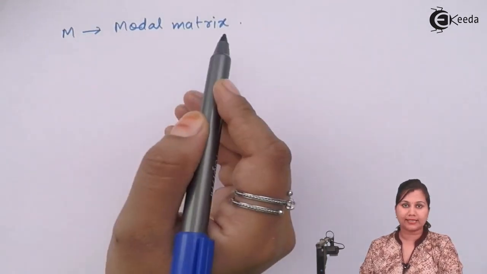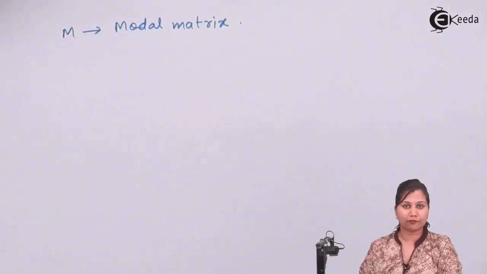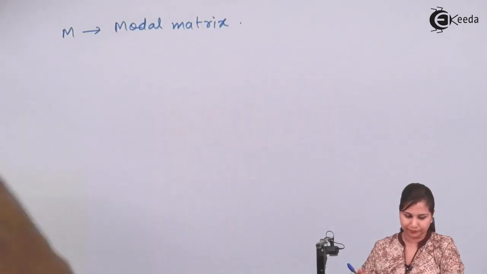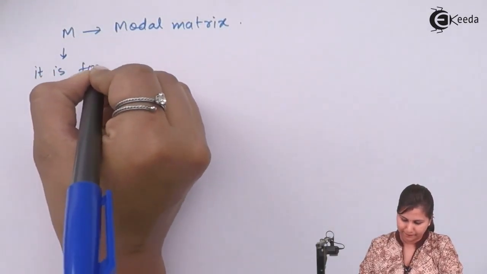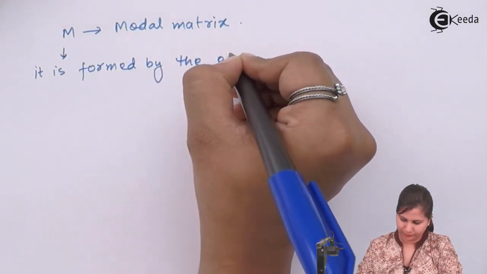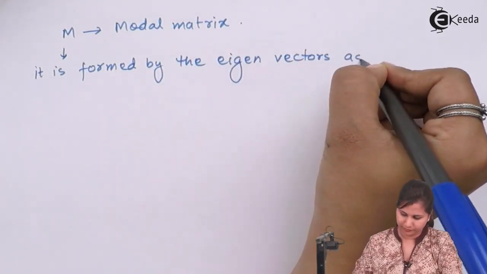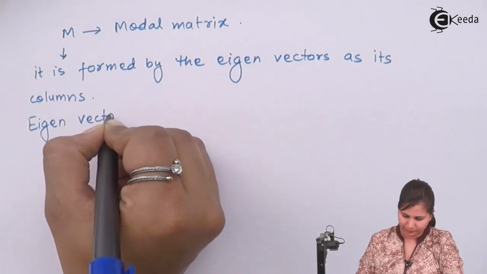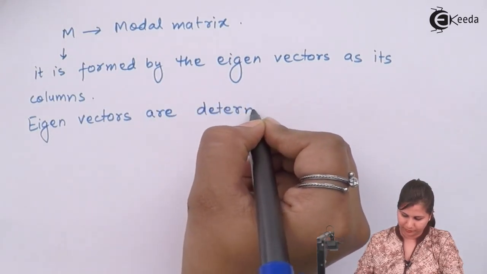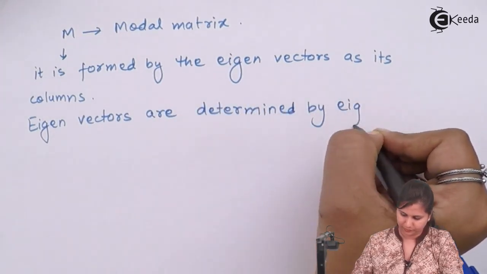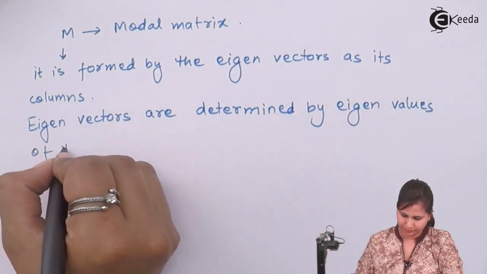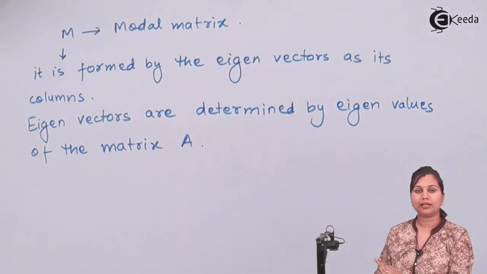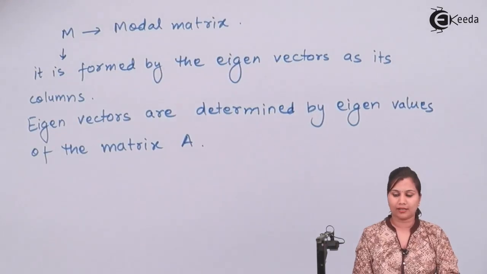So this M matrix is the modal matrix, and it is formed by the eigenvectors of the matrix A as its columns.